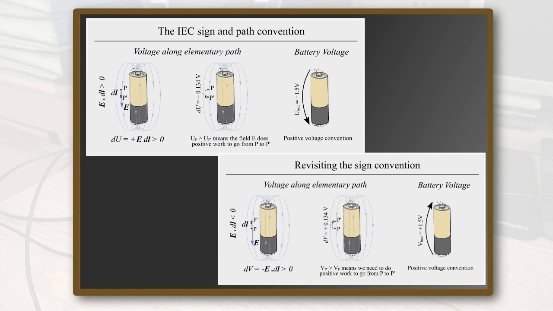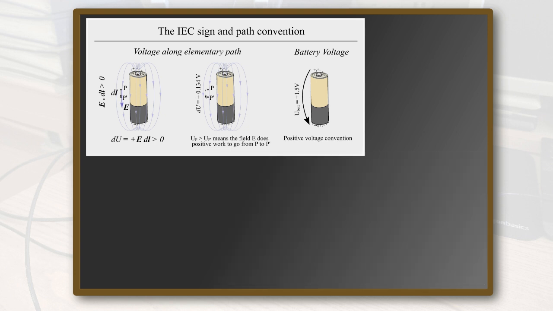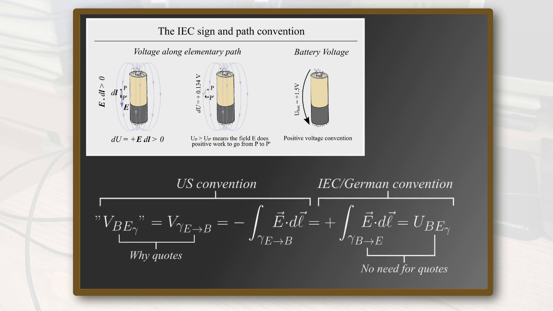I have to acknowledge that there is a method in this madness, since the lettering is consistent with the path orientation. Hence, there is no need for quotes in the German convention. And we do not have to resort to considering the work done against the field by an external force. The German notation has its perks.